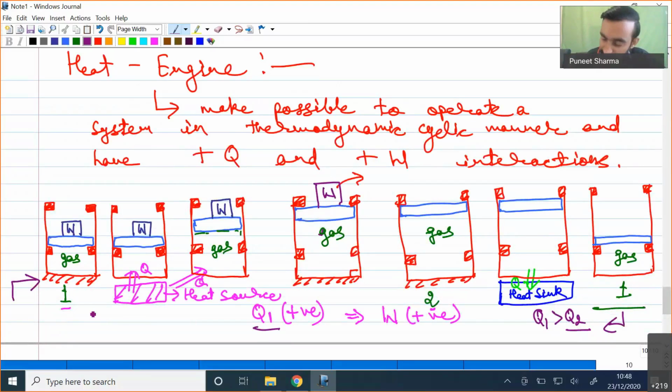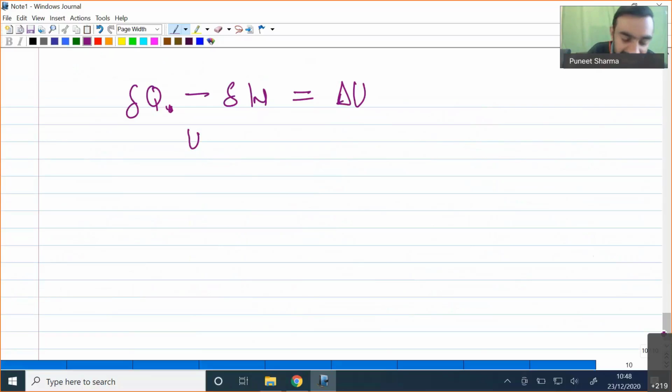So if I talk about the thermodynamic cyclic manner, my initial and final state will be the same. So UF minus UI will be equal to 0. Because of that, delta U for this particular process will be 0.